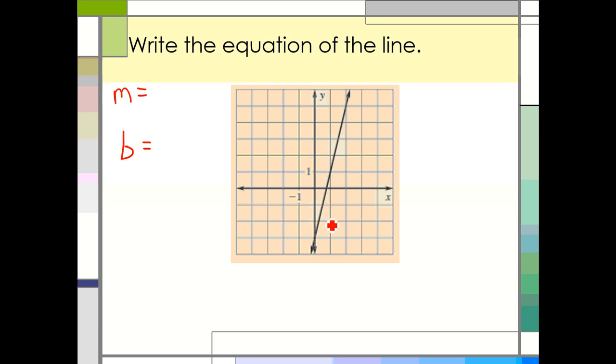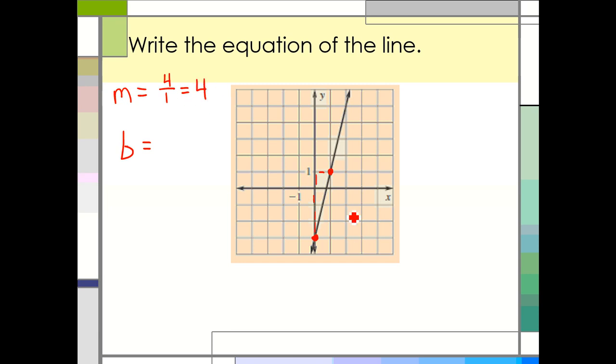So find two coordinates, and figure out your rise and your run between those two coordinates. I'm going to start at the bottom left coordinate and go to the top right. I would rise 1, 2, 3, 4, and run a positive 1. Both of those are positive numbers, so my slope is equal to 4 over 1, which is 4.